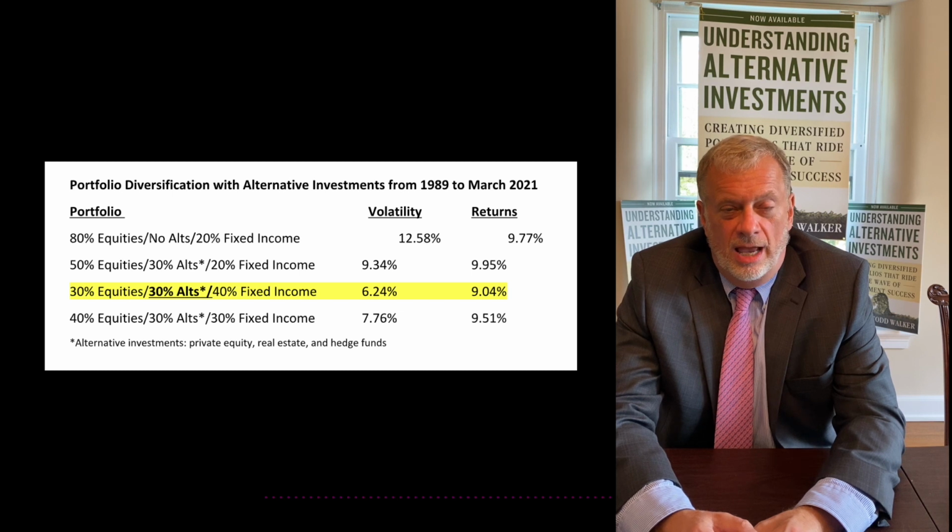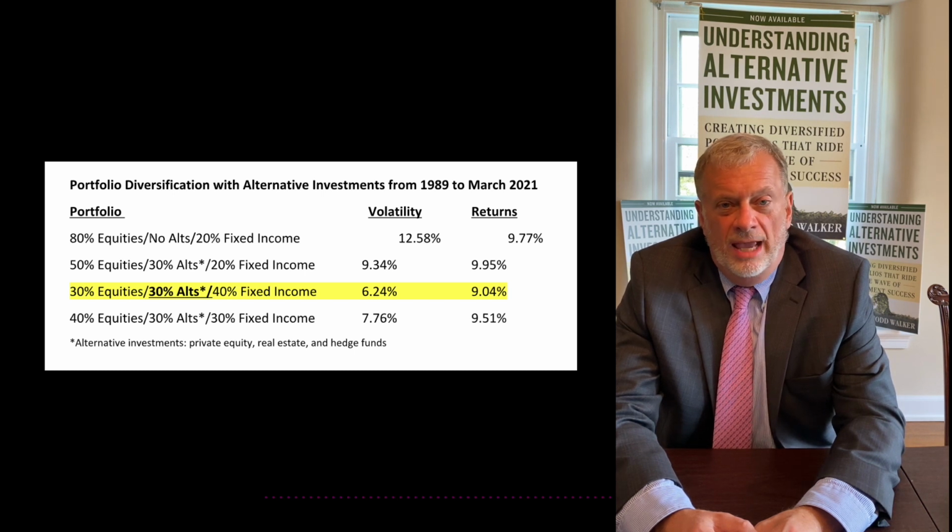So someone that says, I don't want to look at alternative investments, I don't understand them, I'm going to avoid them, is being remiss. One should take a look, open their eyes and their ears and listen to how they could build a better, more diversified portfolio using alternative investments.